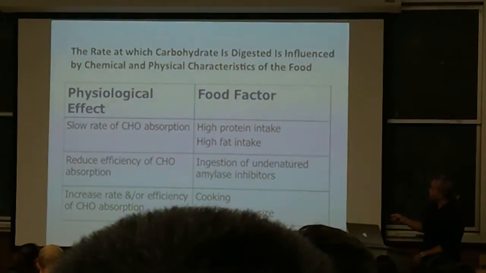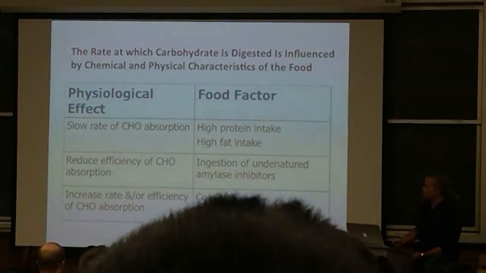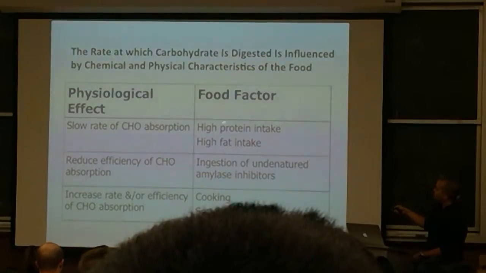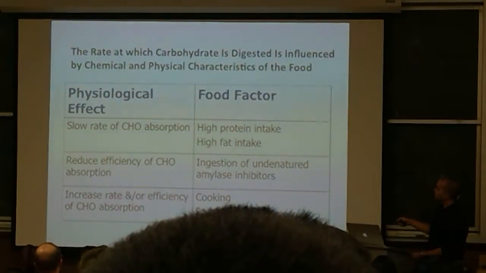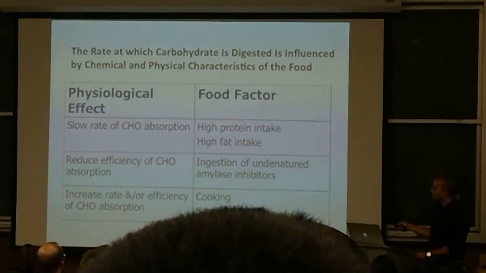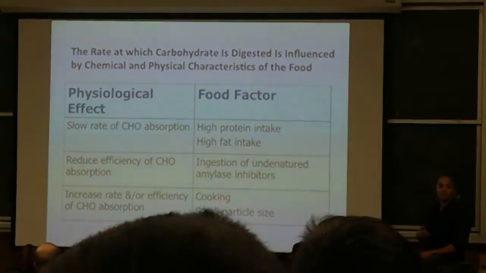Okay, so in terms of carbohydrate digestion, I mentioned this earlier that it can be influenced by the physical and chemical characteristics of the rest of the food in the diet. So if you have a high amount of protein and fat intake, this is going to result in slower carbohydrate absorption. There can be ingestion of amylase inhibitors. Some of these occur naturally, and some of these have been developed specifically to slow digestion of sugars.